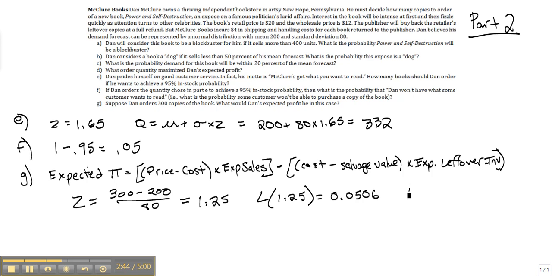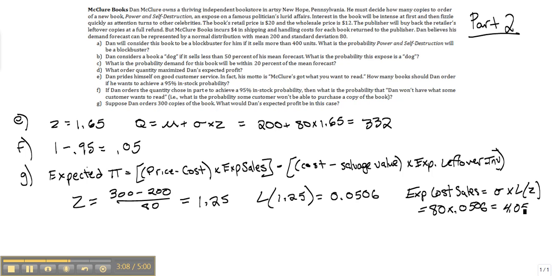Expected lost sales then is simply equal to the standard deviation times our L of z. In this instance, that's 80 times 0.0506, which is equal to 4.05.